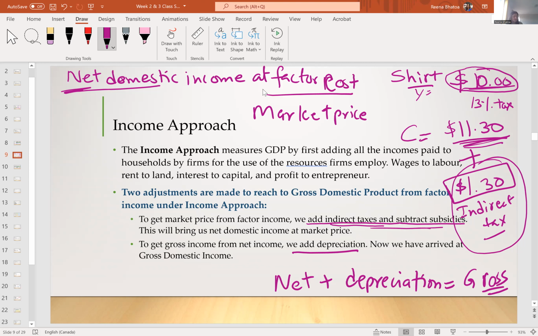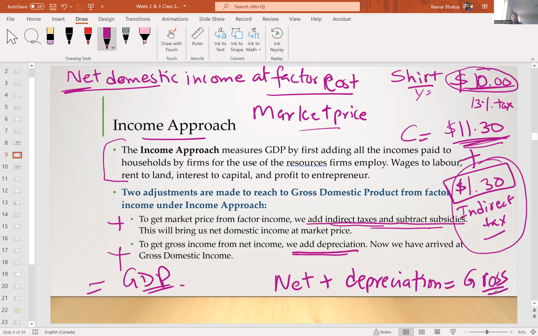And the opposite happens. If you have to calculate net, but the gross is given, we will do gross, subtract depreciation, and get net. In this case, for our income approach, we will add all the incomes, then we will add indirect taxes to that to make it market price, and then we add depreciation to make it gross domestic product at the end.